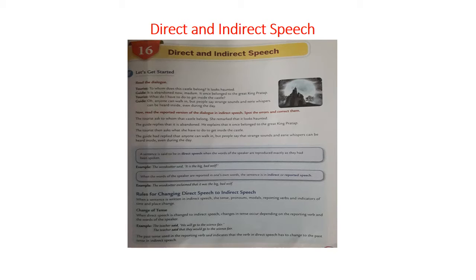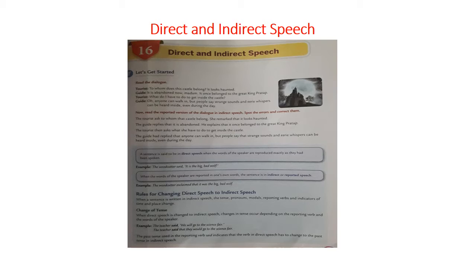Change of tense: when direct speech is changed into indirect speech, changes in tense occur depending on the reporting verb and the words of the speaker. For example, the teacher said, "We will go to the science fair." This is given in direct speech. It is changed into indirect speech as: the teacher said that they would go to the science fair.